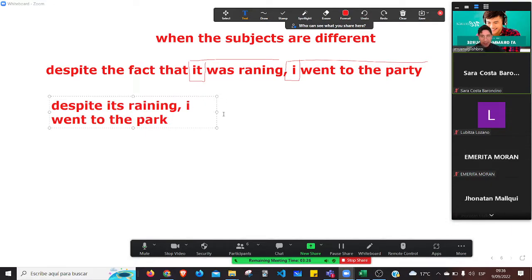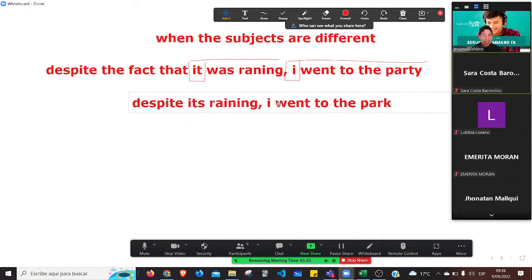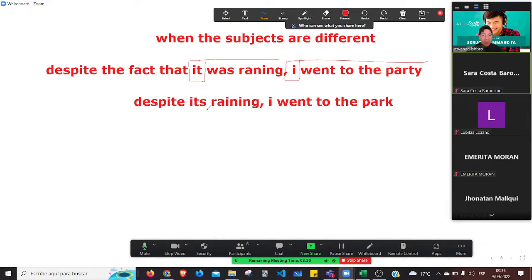You get it? Despite it's raining, you need to include this one, because the subjects are different. Did you understand? Sure or not?